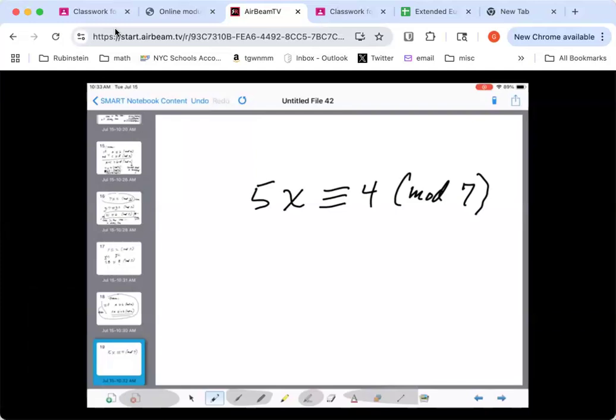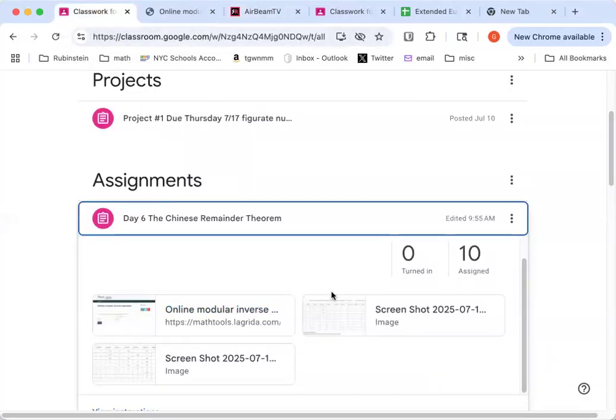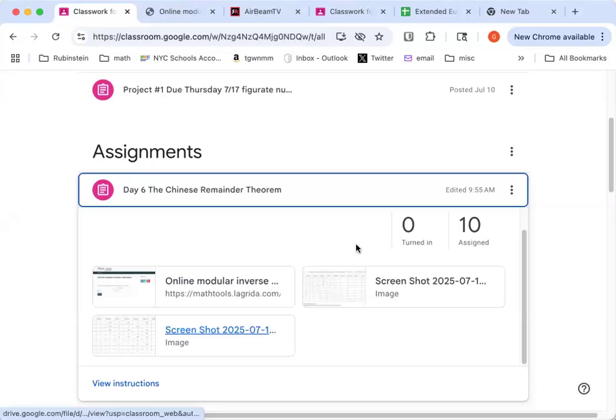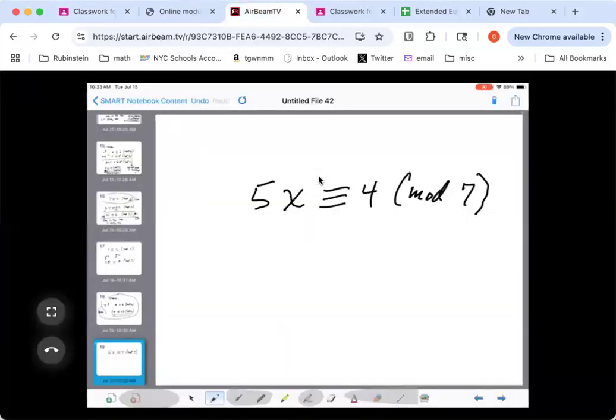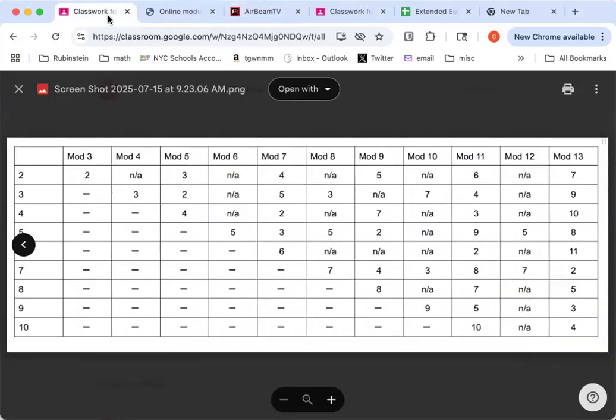We are allowed to use this chart. So here, let me grab this chart. Remember this chart that we got now? What's important from this chart is that we want to look up what is the inverse of 5 mod 7. For that, I can go here and say, okay, mod 7, 5 has a 3 here.